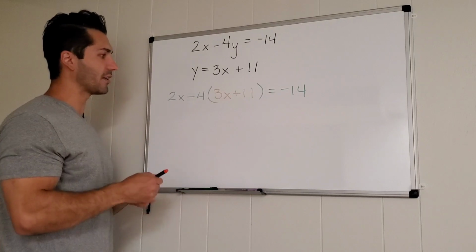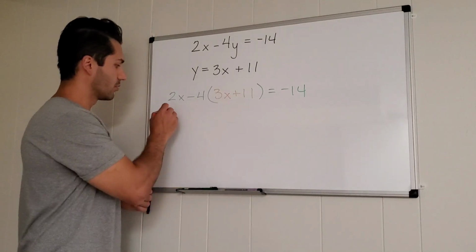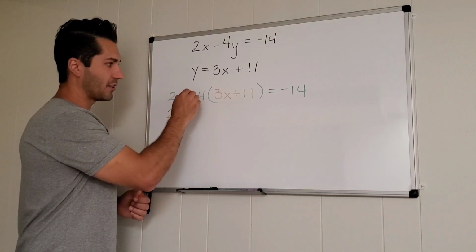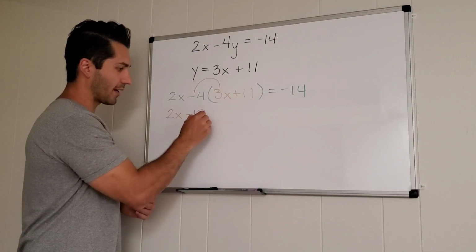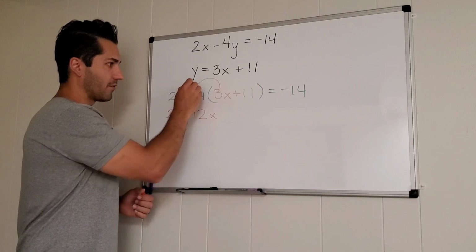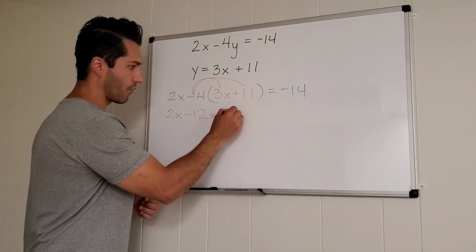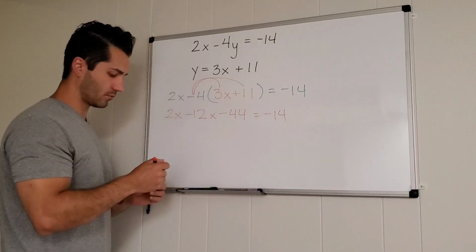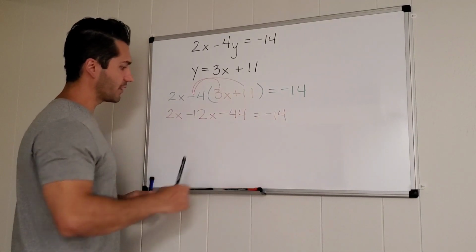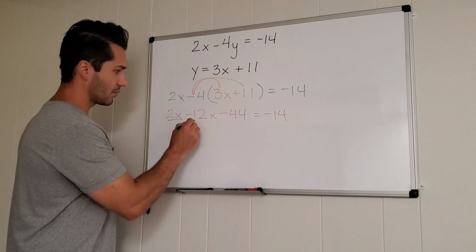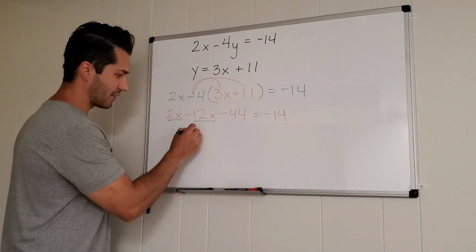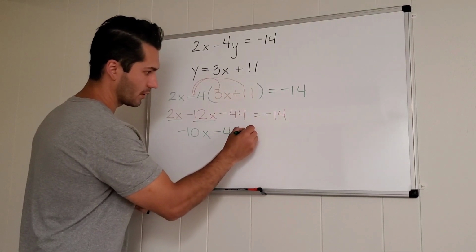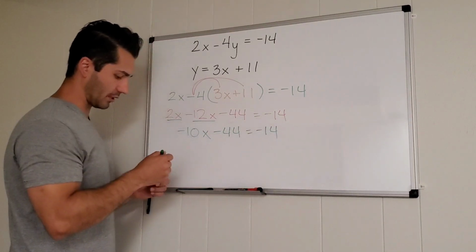And now that this is done, I'm just going to solve this like a regular equation. Nothing special about it, right out of chapter 2. 2x, we distribute. Don't forget to take that negative for the ride. Negative 12x. Negative 4 times 11 is a negative 44 equals negative 14. We keep going to solve it. I have a 2x minus 12x is a negative 10x minus 44 equals negative 14.